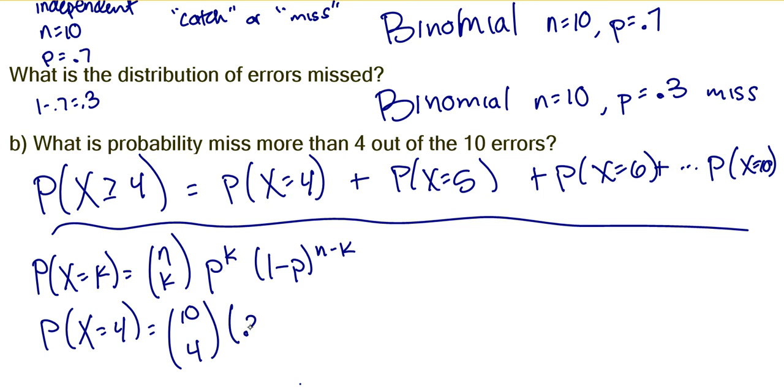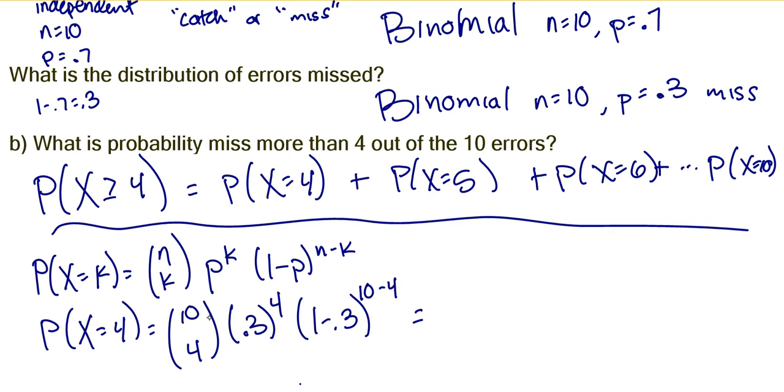Our probability of missing is 0.3, and we want to miss 4 errors, so 0.3 raised to the power of 4. The probability of not missing, or catching it, would be 1 minus 0.3, raised to the 10 minus 4. So that means we need to actually catch it with a probability of 0.7. We need to catch it 6 times if we're going to miss it 4 times.